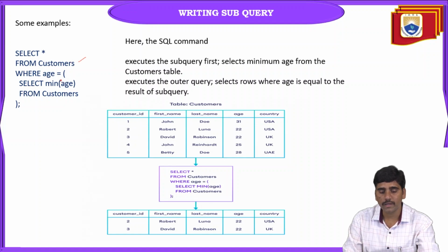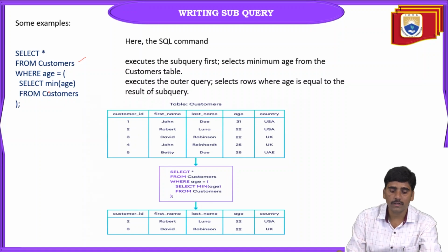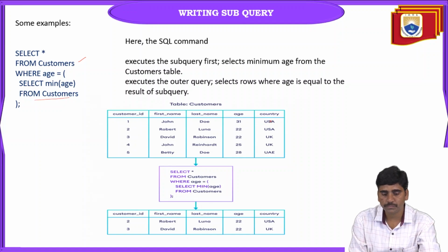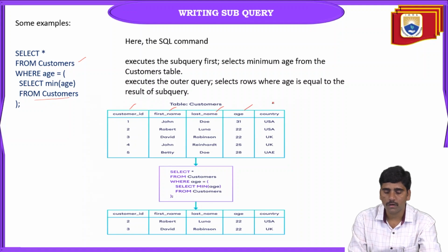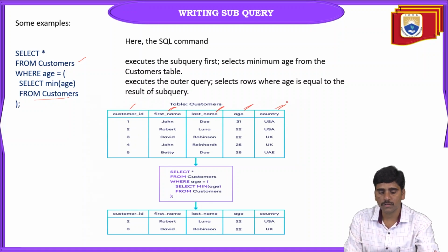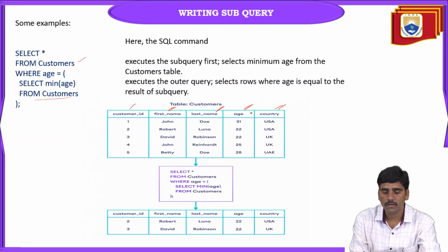So here you can see the examples like SELECT * FROM customers WHERE age = (SELECT MIN(age) FROM customers). The customers table contains customer ID, first name, last name, age and country columns.